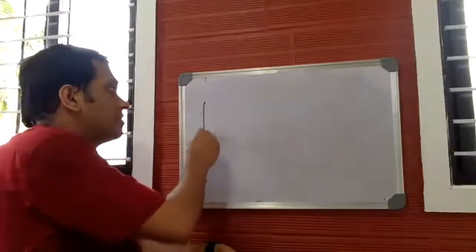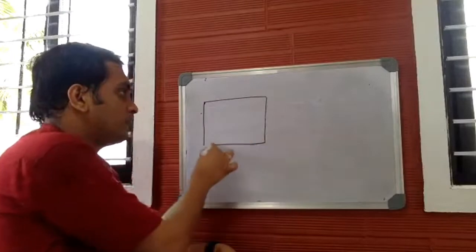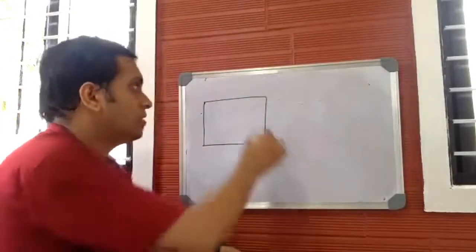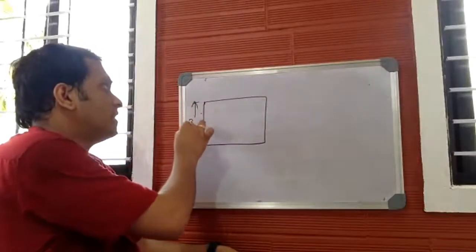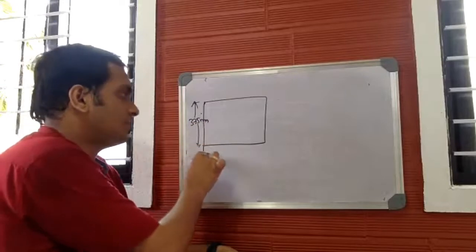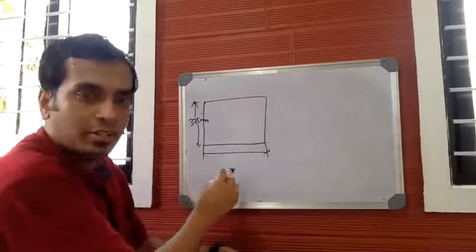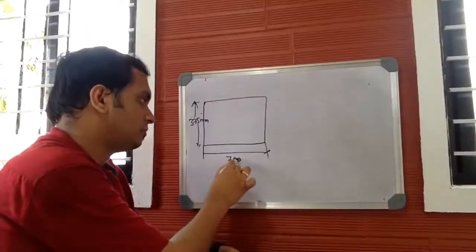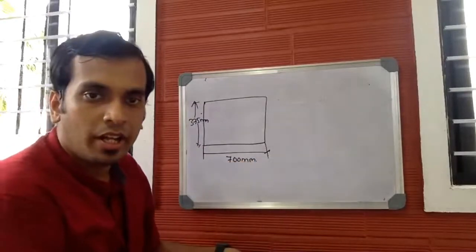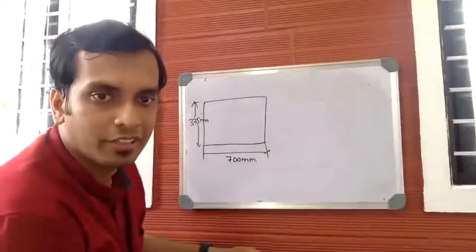A rectangular plate is given, and this side is given as 375 mm, and this side is given as 700 mm. And you have two forces, two inclined forces.